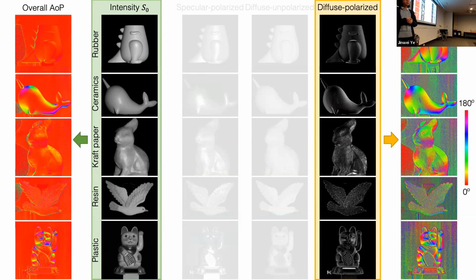Do you need to do a similar thing if you have an unknown polarized source and you want to detect where it is?